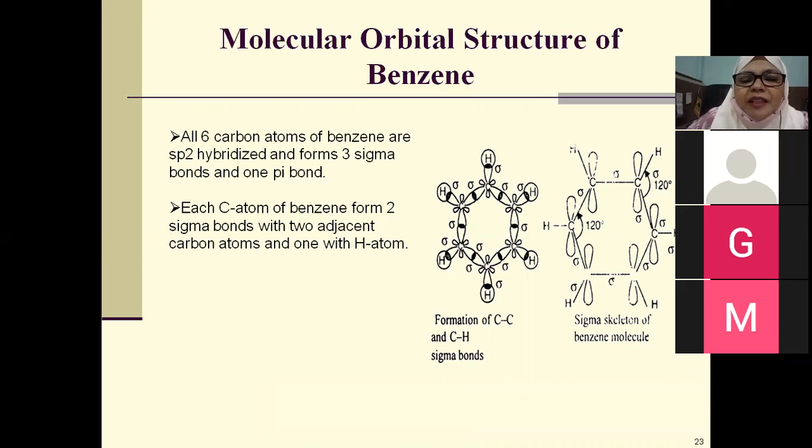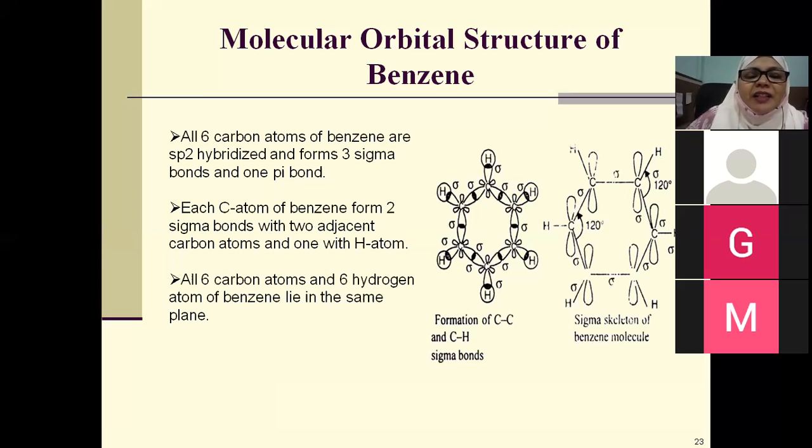Each carbon atom of benzene forms 2 sigma bonds with 2 adjacent carbon atoms. Where are the 3 sigma bonds formed? 2 with the adjacent carbon atoms and 1 with the hydrogen atom. Yes, very good. So these are the 3 sigma bonds. Where will the pi bond be? Either of the 2 carbon atoms. Wherever the double bond is, a pi bond will form there.